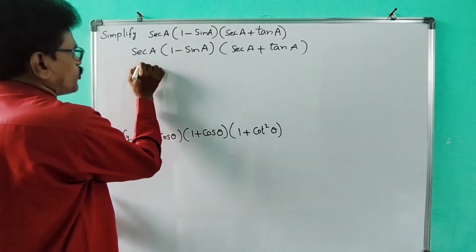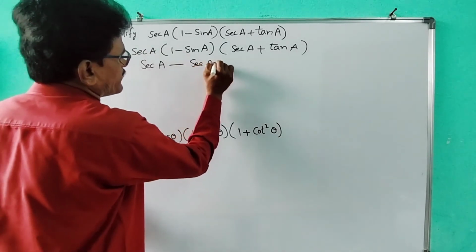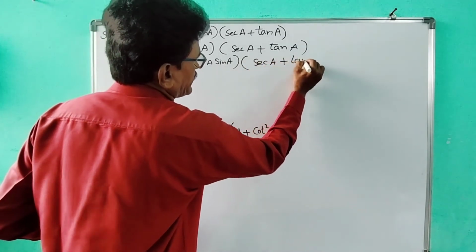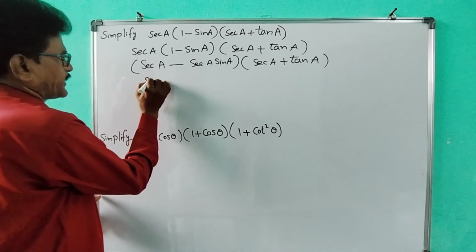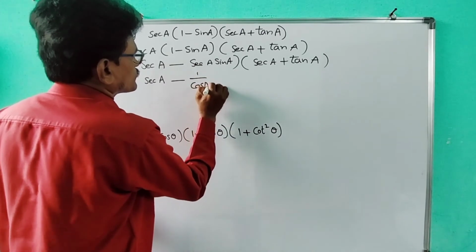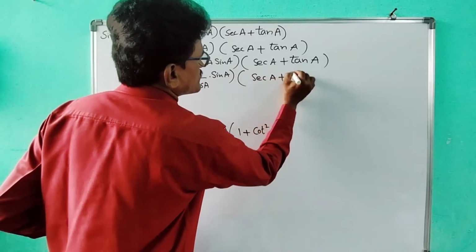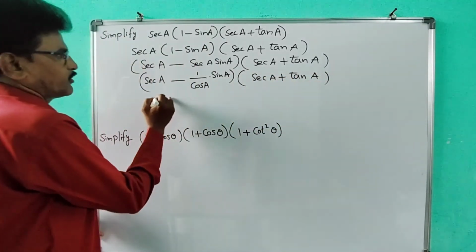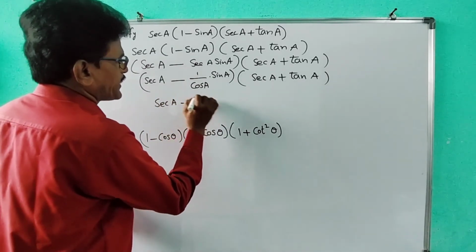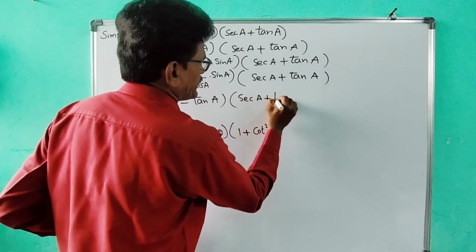Observe here, secant A into 1 is nothing but secant A, minus secant A into sin A. Now the second one as it is, secant A plus tan A. Now see here, secant A minus, secant A I am writing as 1 by cos A into sin A. Now, what is sin A by cos A? It is tan A. Secant A minus tan A, into secant A plus tan A.